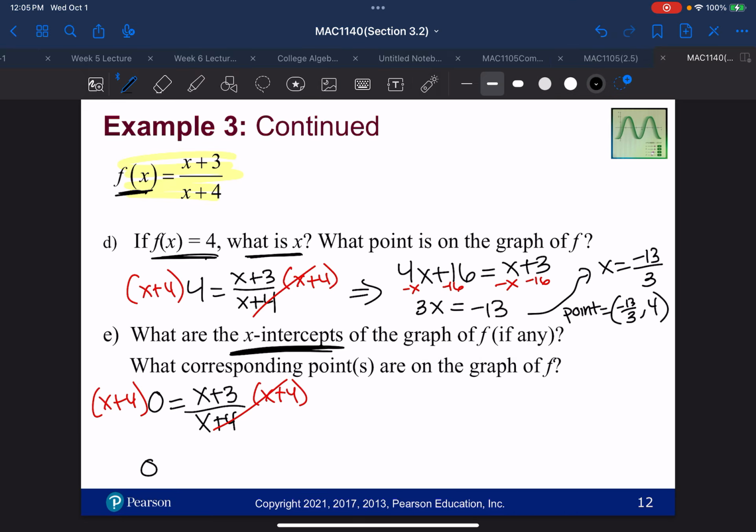So we're left with 0 equals x plus 3. So therefore, x is equal to negative 3 is the value of the x-coordinate of our x-intercept. And that point is (-3, 0), since we plugged 0 in for y and got a value for x.